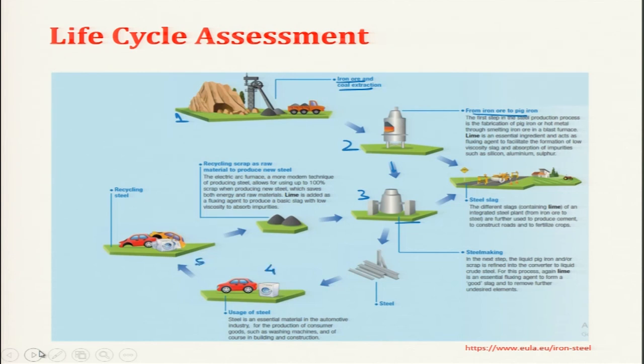Step 5 is we send the product after the service life to scrap, and from that this recycling scrap is again taken. This is step 6, that again goes as an input to step 3. Now, we can see something here. This is, as I said, industrial symbiosis. In industrial symbiosis, what happened?